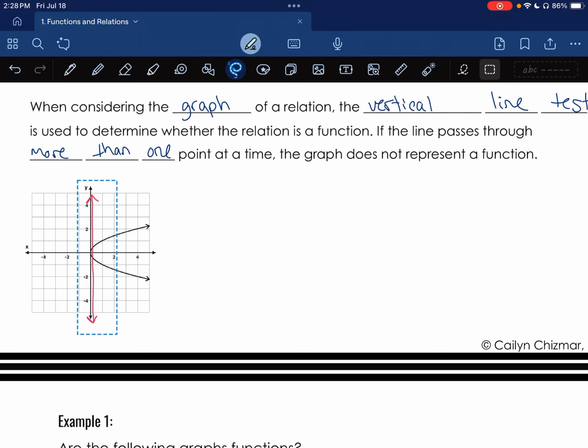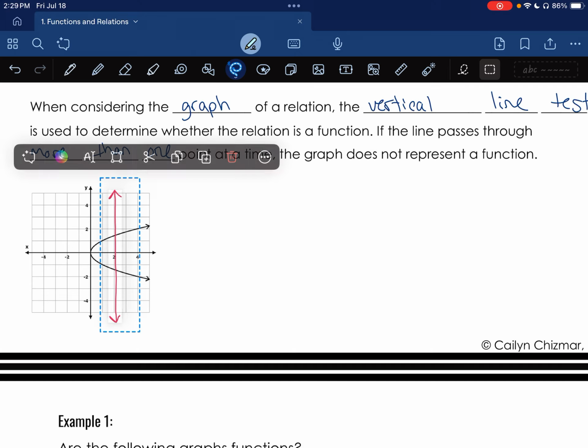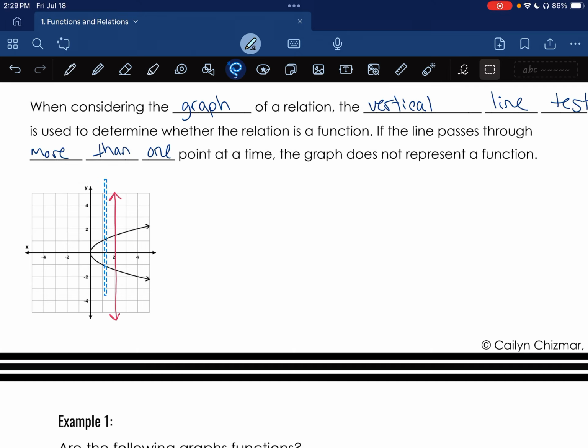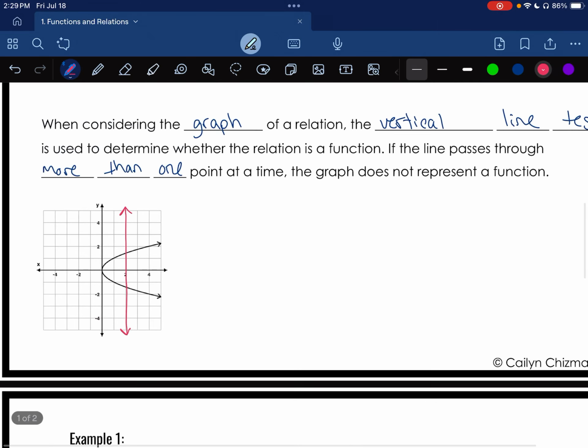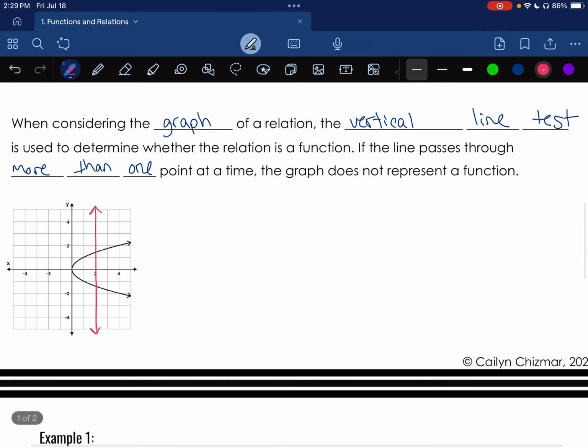But as we keep going, notice that my line is touching that curve in multiple spots. So for example, if I stop it here at 2, it is crossing in two spots.